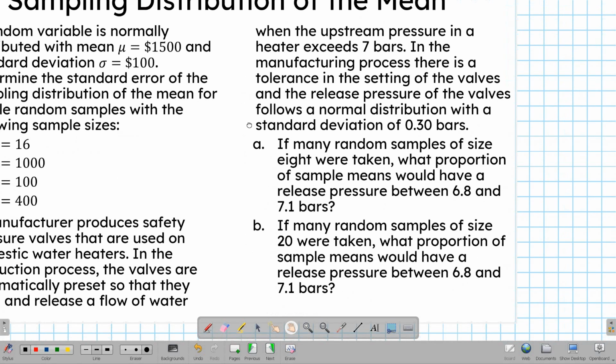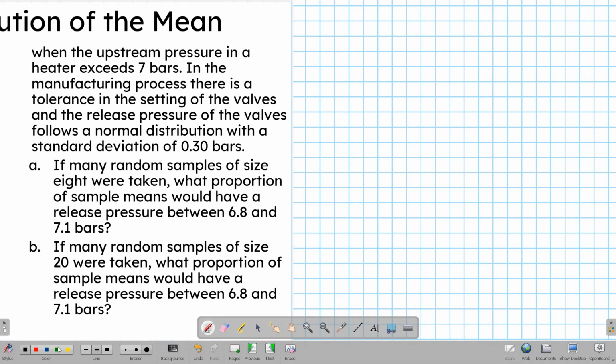So, let's place it here in 2A. Before that, in number 2, we have our population mean of 7 bars and a standard deviation of 0.30 bars. Now, in letter A, it doesn't ask us the proportion of the population that would have release pressure between 6.8 and 7.1 bars.